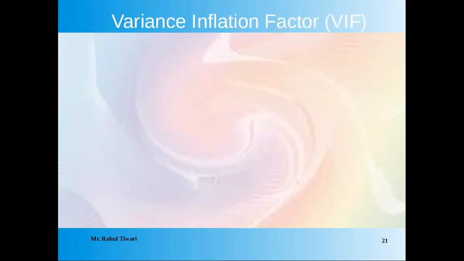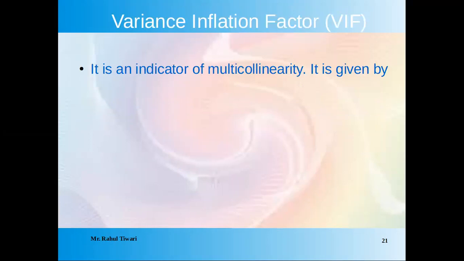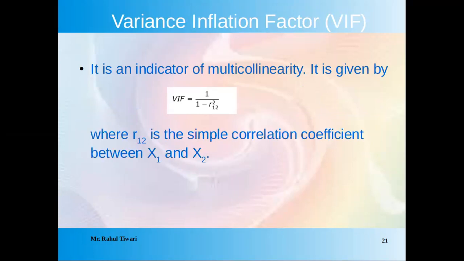But the third one is called the variance inflation factor, which indicates multicollinearity, and it is given by VIF equal to 1 upon 1 minus R square 12, where R12 is the simple correlation coefficient between x1 and x2.